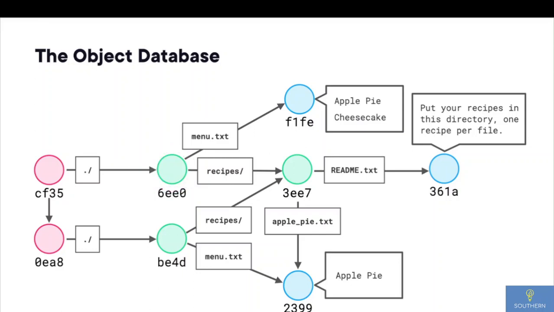As usual, if you change anything in a piece of content, then you get a whole new object with a new hash. This tree, however, hasn't changed because nothing inside the directory changed, so Git can reuse the same object. That's one of the reasons why Git is so efficient. It doesn't store things more than once.